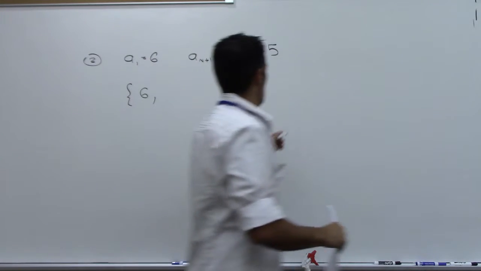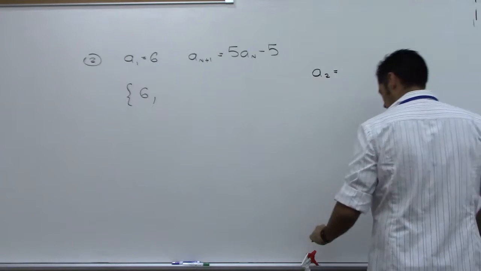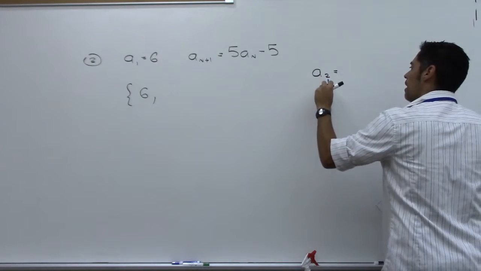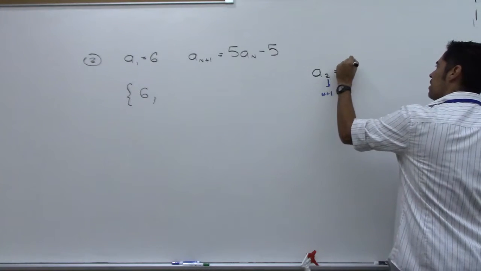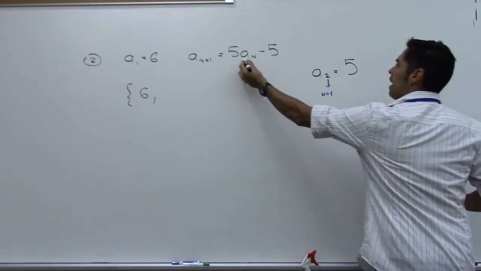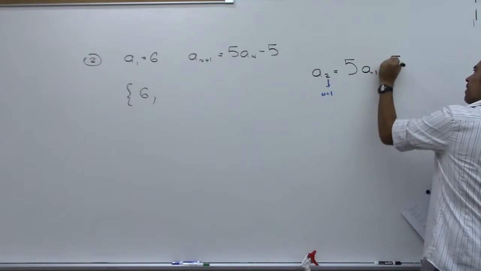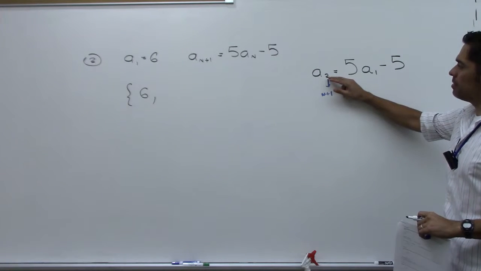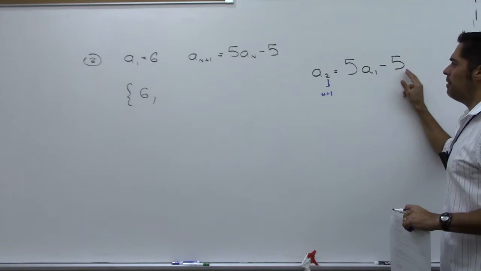So if I want to know what a sub 2 is, then I'm using this formula right here, where n plus 1 is 2. That means I'll have 5 a sub n, here this will be a sub 1, and then minus 5. So it's saying that the second number in the sequence is actually 5 times the first number minus 5.